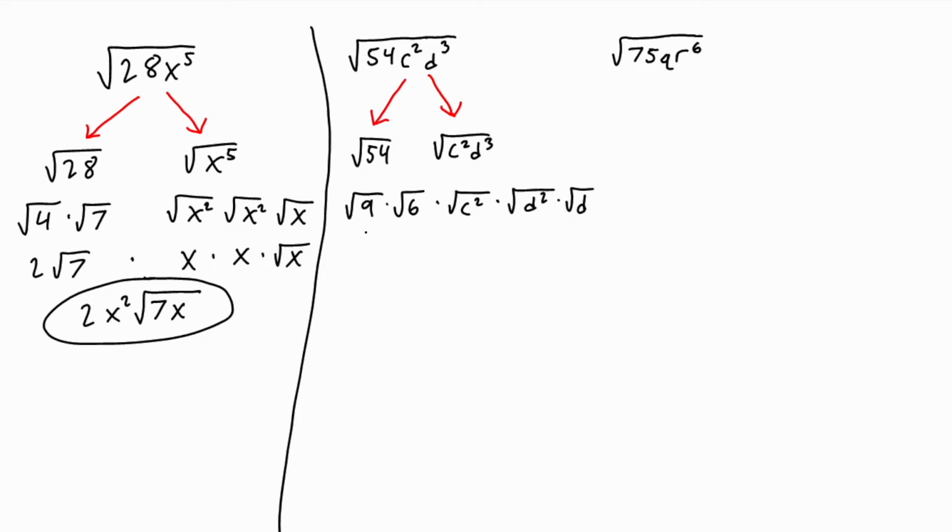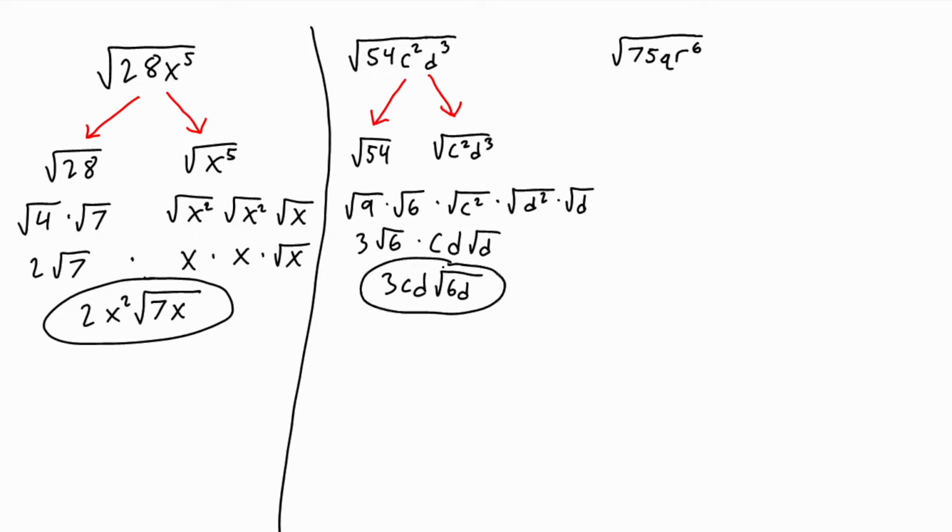So the square root of 9 is 3 times the square root of 6 times the square root of c squared is c times the square root of d squared is d times the square root of d. Put that all together, outside first, then inside. Outside the square root, we have 3cd. Inside the square root, we have 6d. So the answer is 3cd times the square root of 6d.